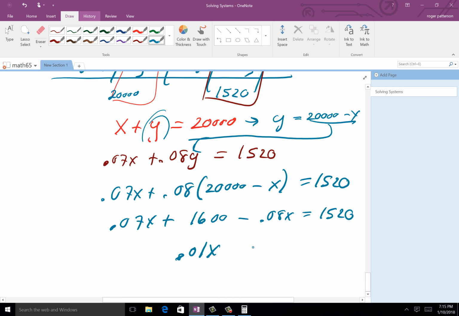Not too bad there. I get a pretty decent... And that's going to be 80. Subtracting that out of there. Negative. And then we're going to divide.